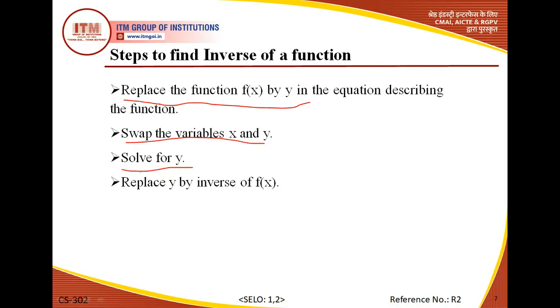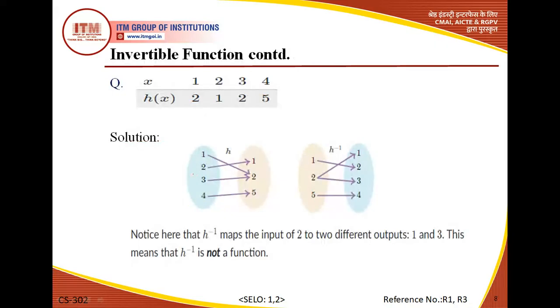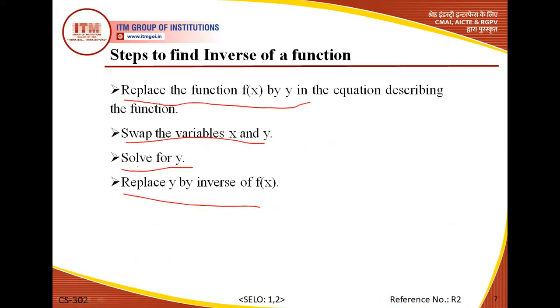Then we would replace the value of y by the inverse of f(x), so instead of y we would write f inverse x. So f inverse x is equal to plus minus under root of x. So that would be the inverse process. By these four steps, we would get the inverse of a function.